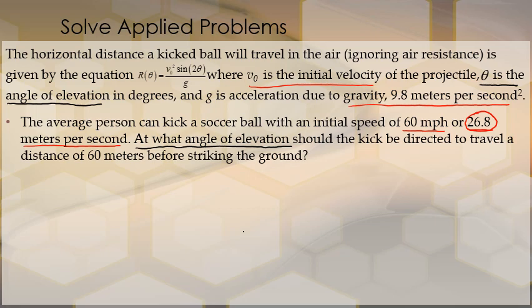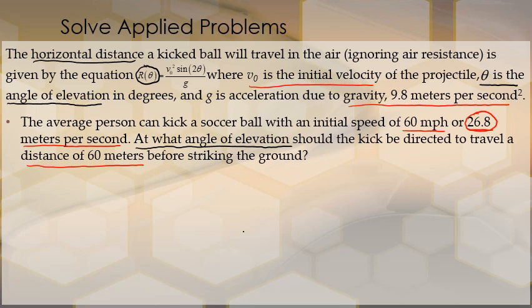And then I want to find out what angle I should kick the ball so that it's traveling 60 meters. So I'm talking about a distance of 60 meters. And what is distance? Well, the original problem says that the horizontal distance that a ball will travel in the air is given by this equation. So horizontal distance is what this whole equation is equal to, and so horizontal distance is my r.